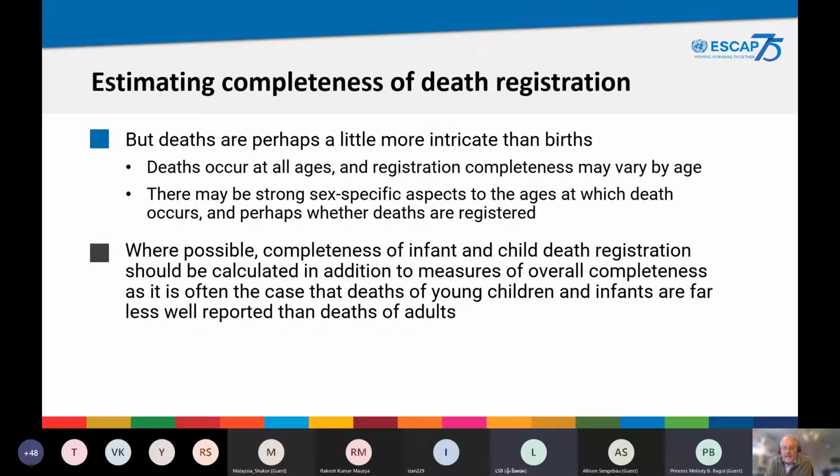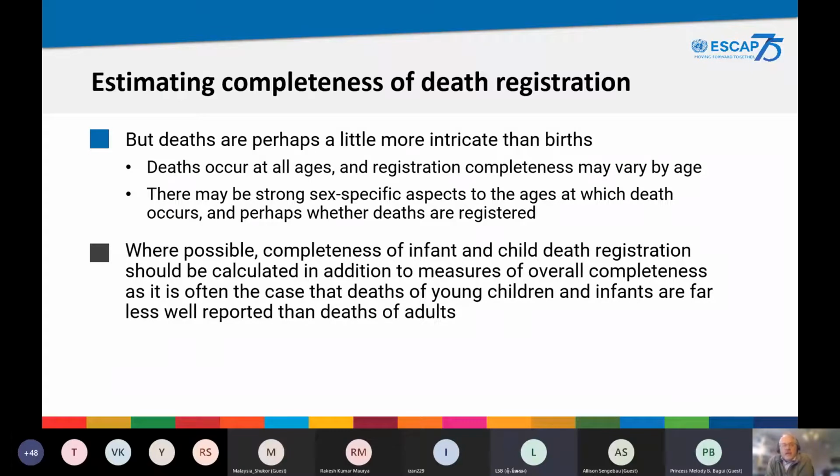A commonly encountered reason for that is that often births are only registered when the child needs to go to school. Those problems do not necessarily pertain with delayed registration of deaths, because there isn't that same kind of reason that might drive very late registration.